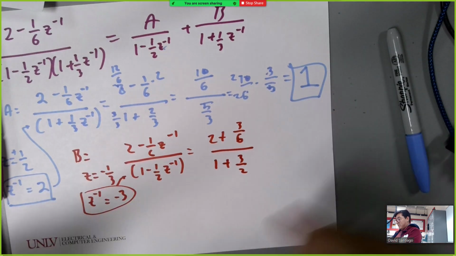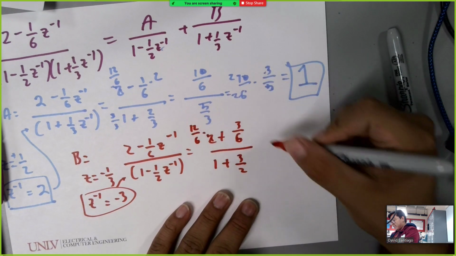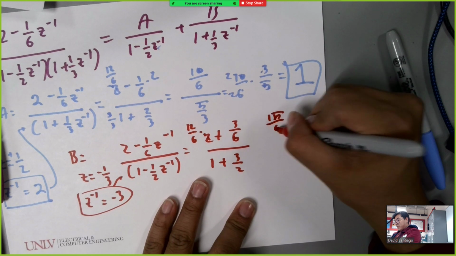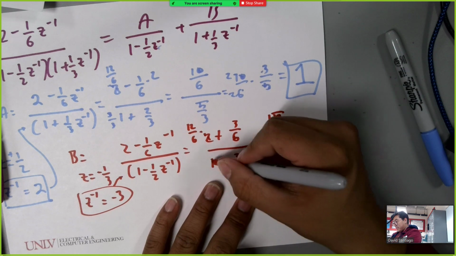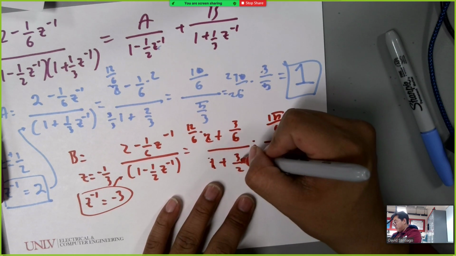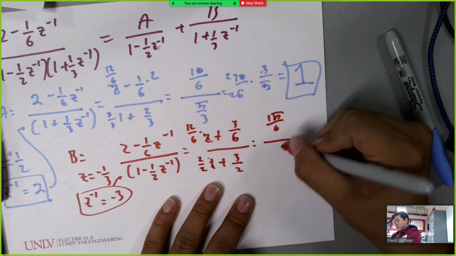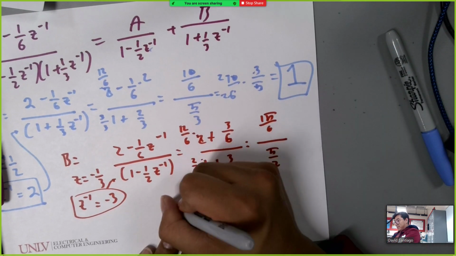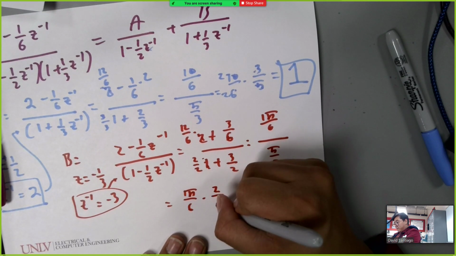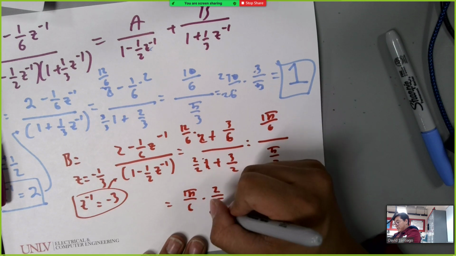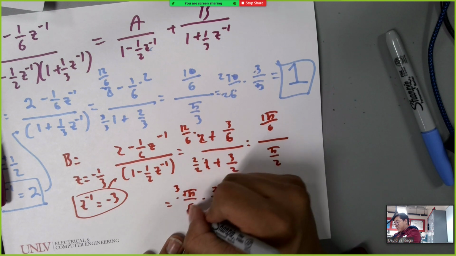It's going to be 12 over 6, so that means 15 over 6 divided by 3 over 2 plus 2 over 2, 5 over 2. I'm going to rewrite it like this, 15 over 6 times 2 over 5. This cancels out to give you a 3, and this cancels out to give us a 3.